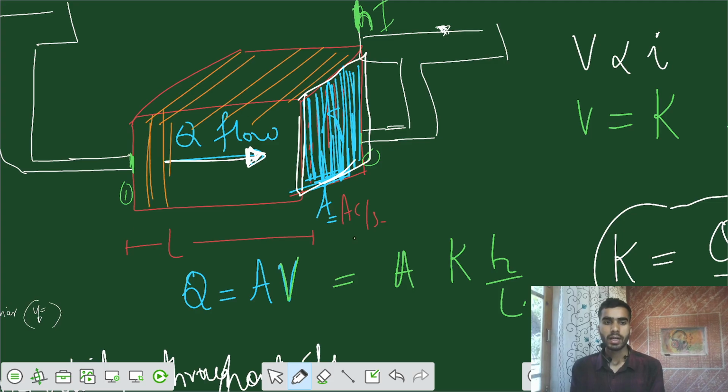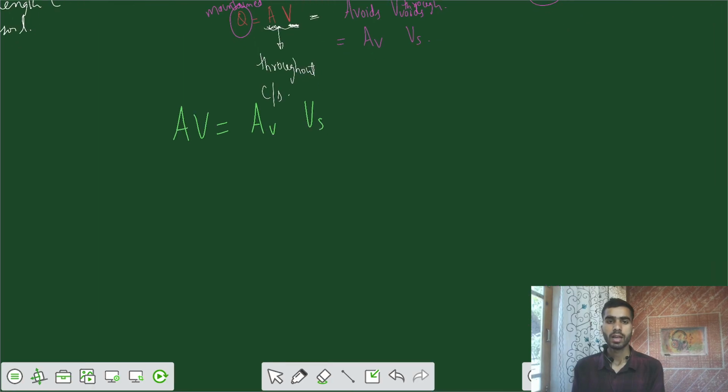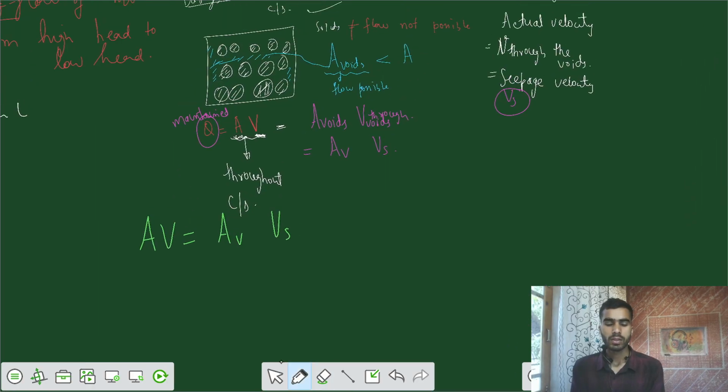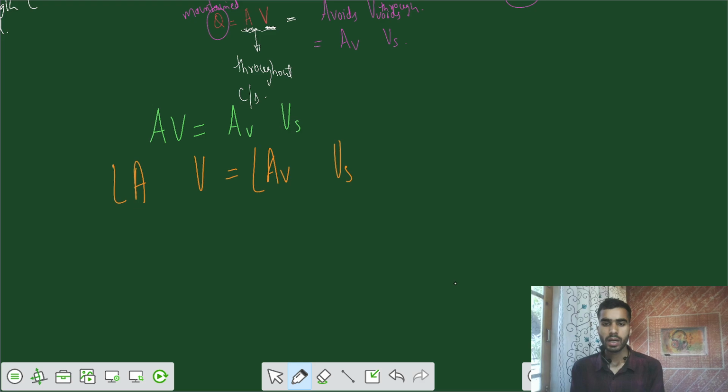Take this cross section and total length L, so we get the total volume. So total L into A is equal to total volume of soil.